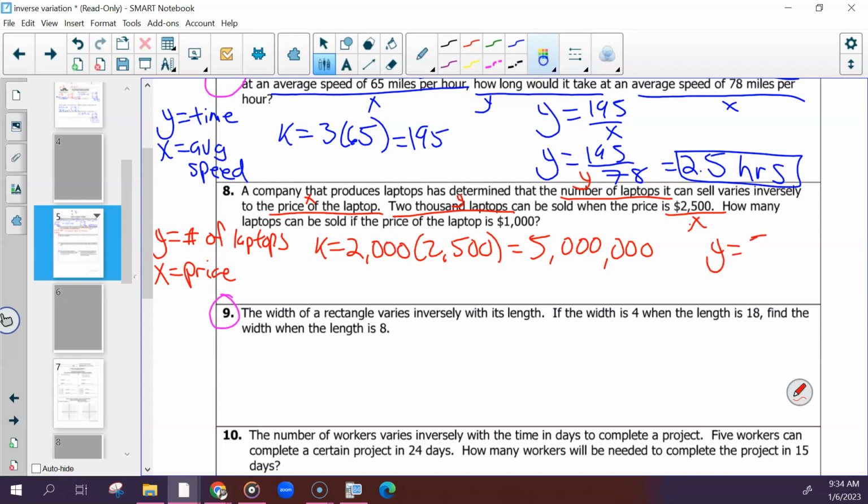So y equals 5 million over x. And then it's asking how many laptops can be sold if the price of the laptop is 1,000. What are we looking for? X or y? Y again.